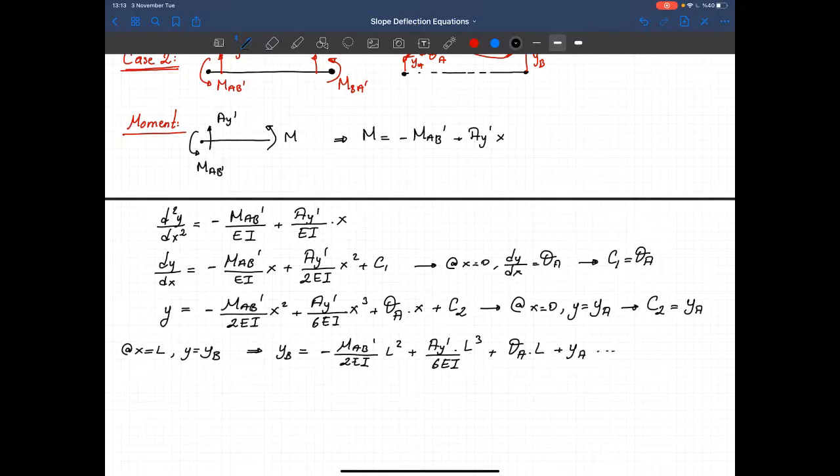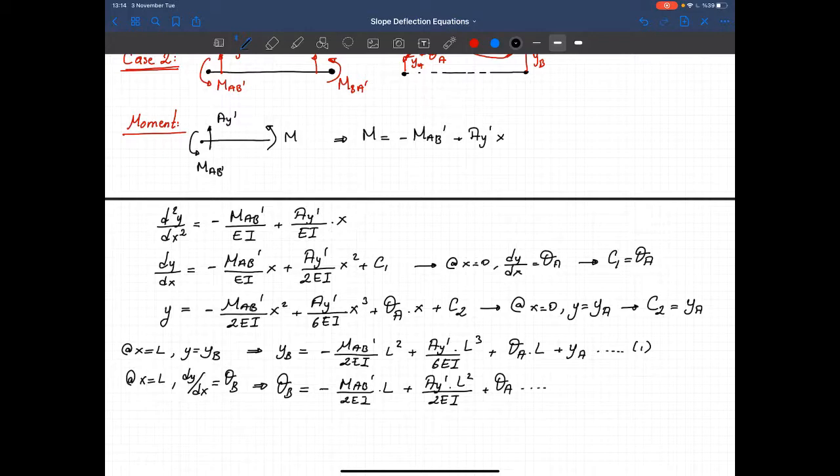Let's say that's my equation 1. Again, at x equal to L, dy over dx is equal to theta B, the rotation at B. So theta B is equal to minus MAB prime divided by EI times L plus AY prime times L squared divided by 2EI plus theta A. Let's say that's my second equation.